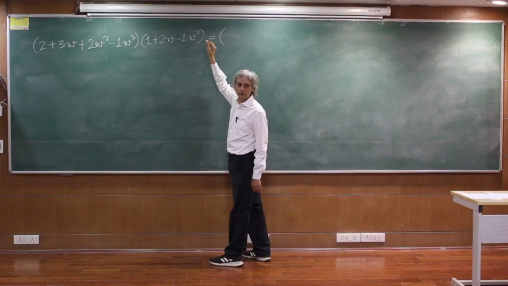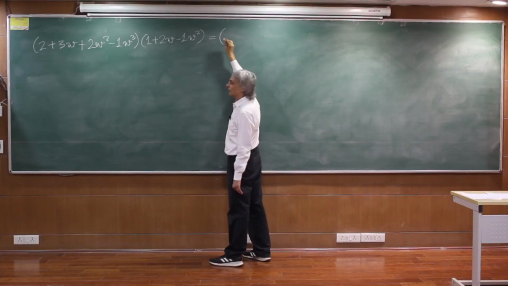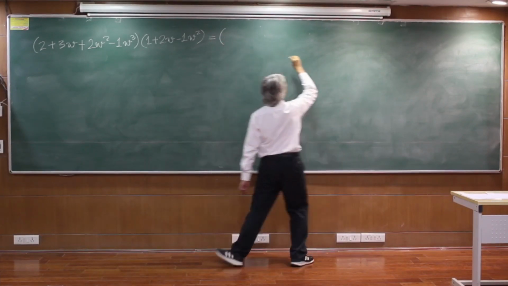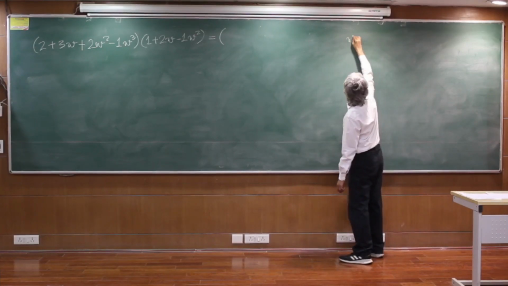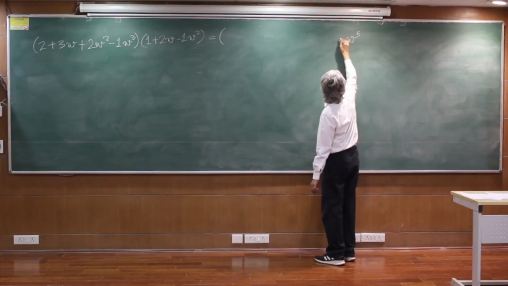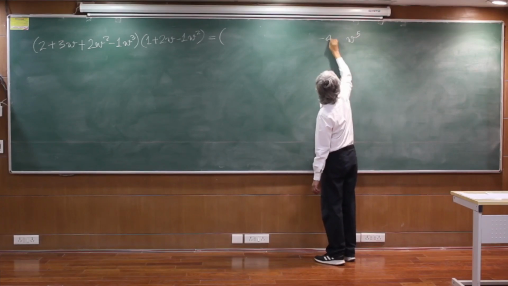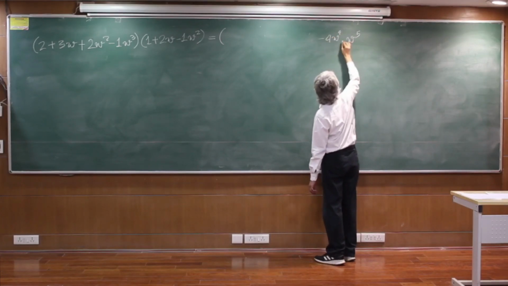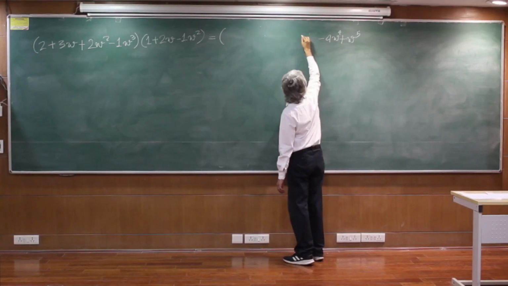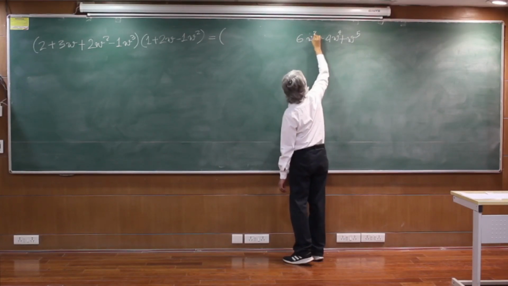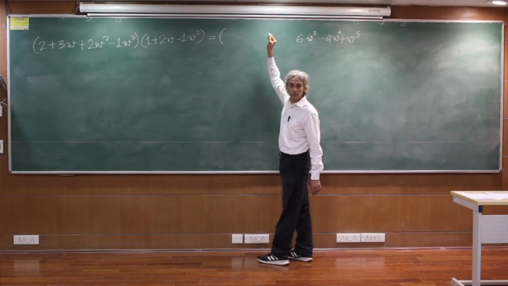W raised to 5, minus 4 W raised to 4, plus 6 W square. Oh, there is no W cube?